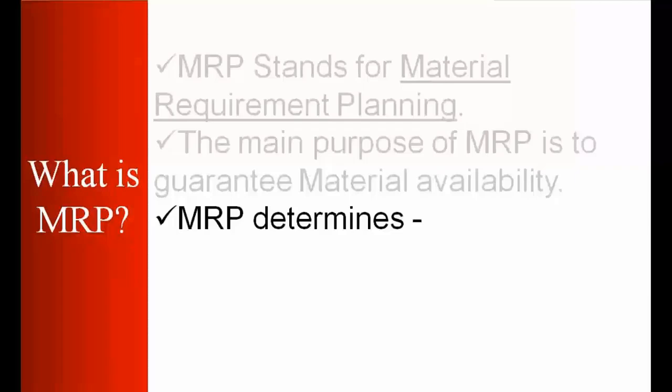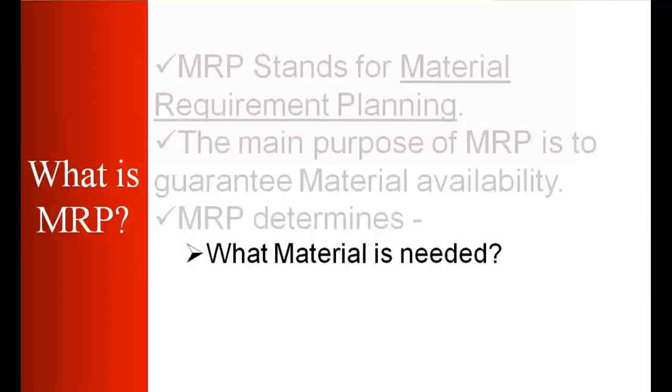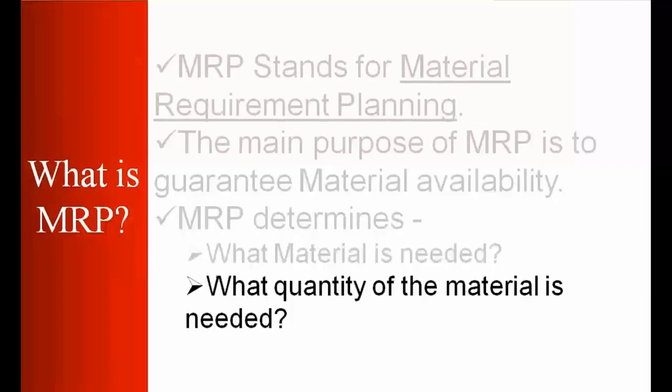MRP also determines what material is needed, what quantity of the material is needed, and when the material is needed. So basically three things: it will find out what material is required, how much, and when. Whether after one week, after ten days, or tomorrow.